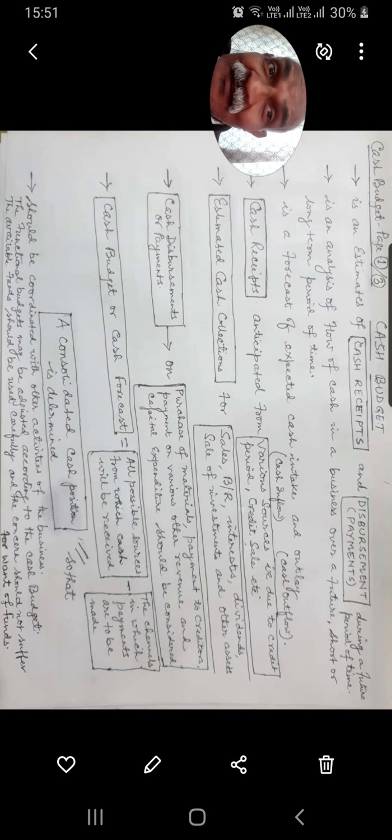And this is the crux of this cash budget, that with the help of cash budget you are going to utilize your fund, so that at the time of need you should not suffer for want of fund. Is that clear? So cash budget is clear now. What is cash receipts? What is cash disbursement?